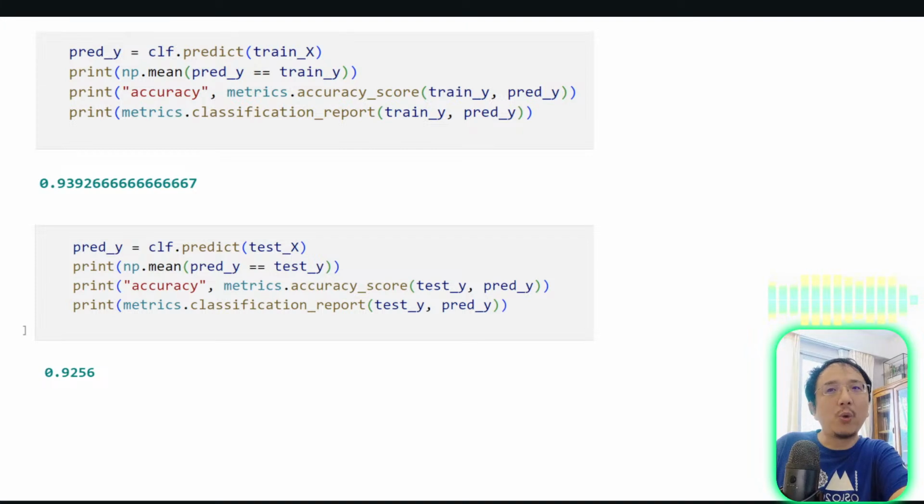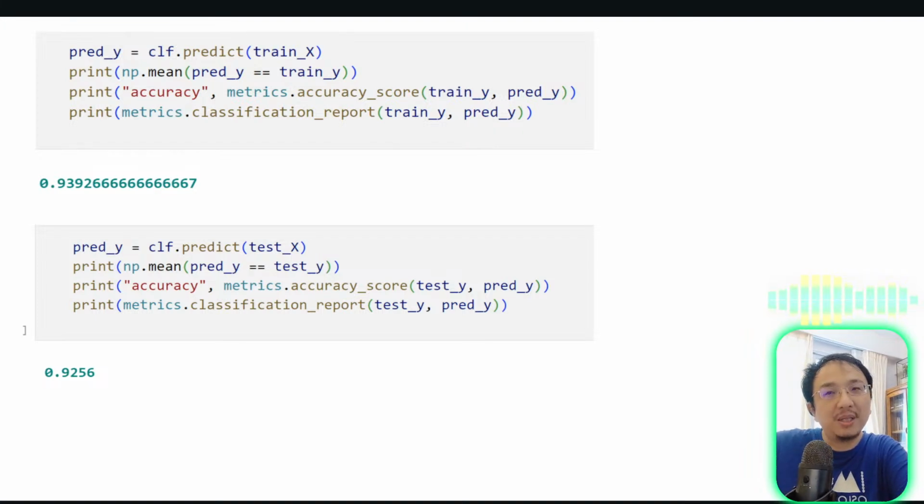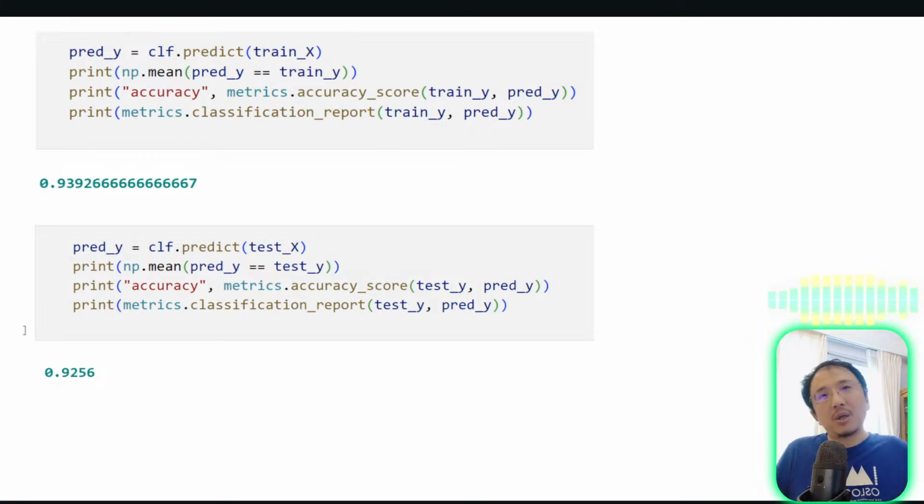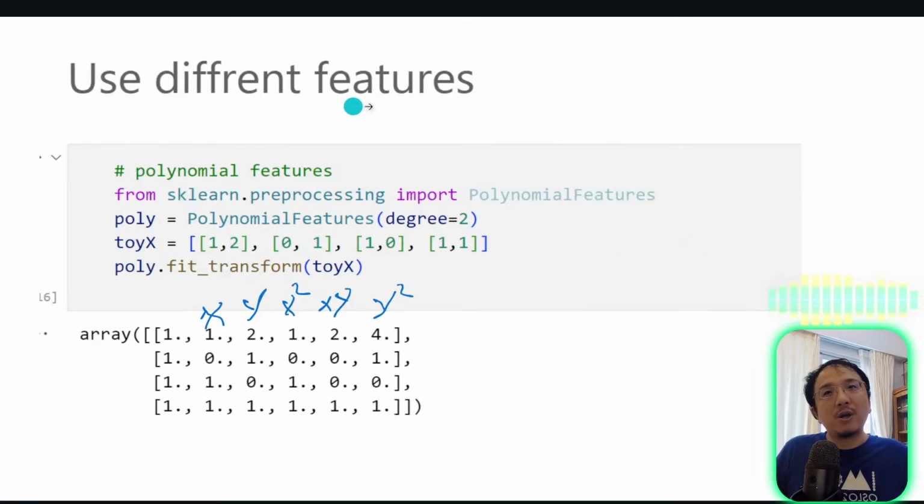So what did we do right for linear regression? One thing is we changed the outcome space to be one-hot, but this has already been done here for the logistic regression. So the only thing left we should do is feature engineering.